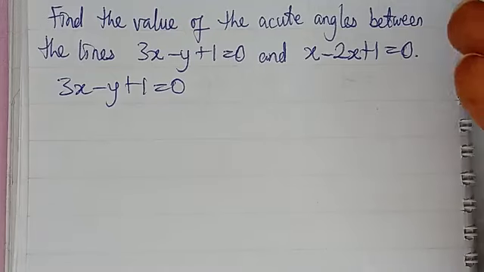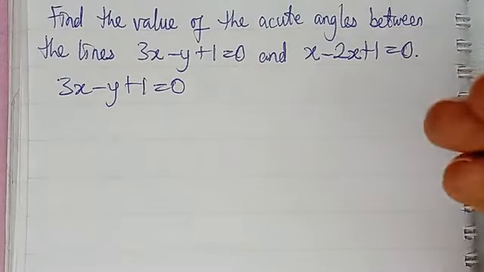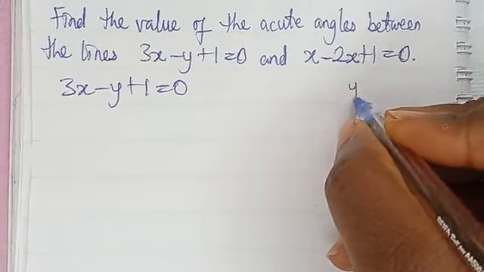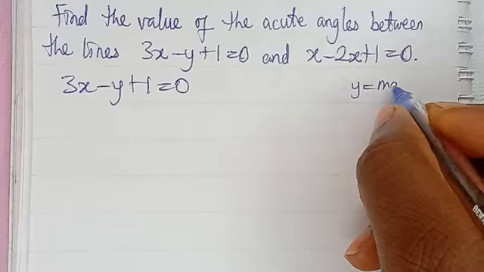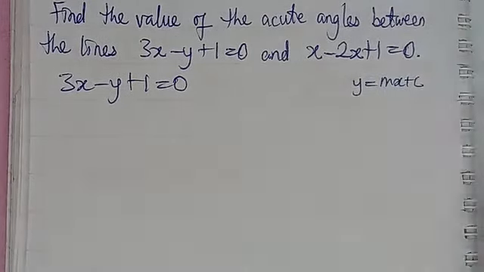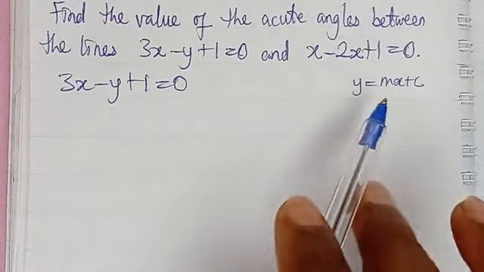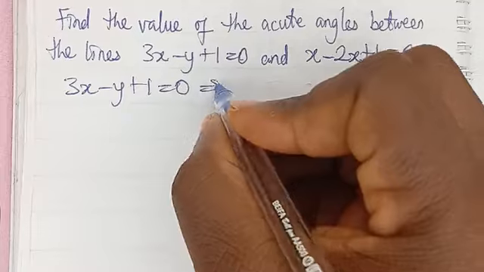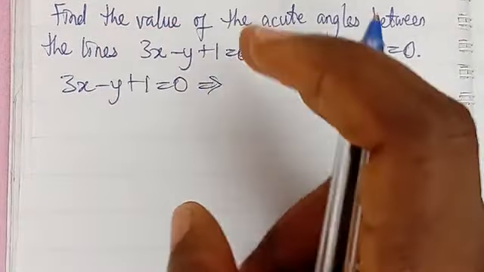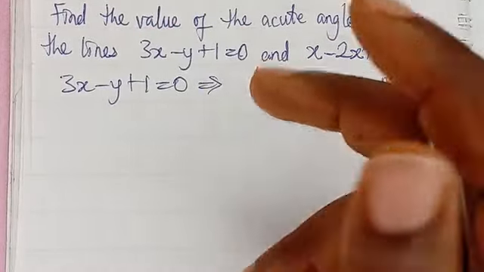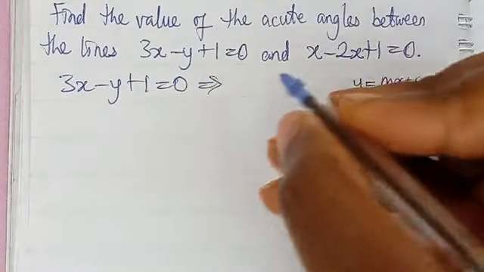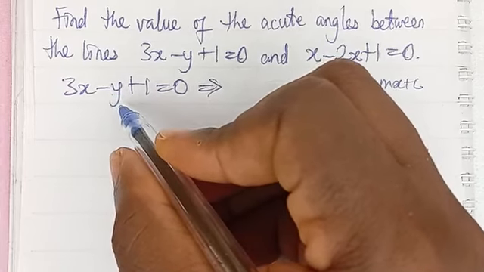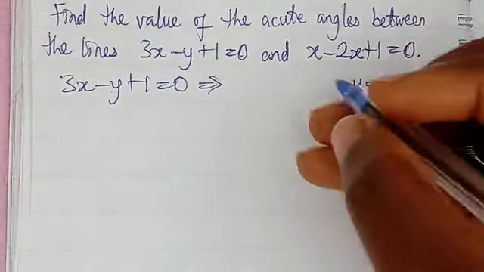We have to arrange it, because every straight line is usually denoted by y equals mx plus c. So we have to arrange it in such a way that it looks like this. We have to make y the subject of the formula. Since y is negative on this side, we cross it over to the other side of the equation.